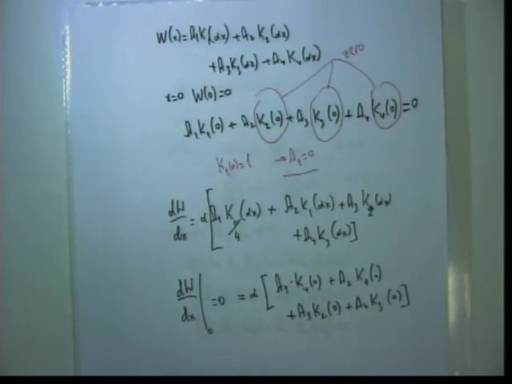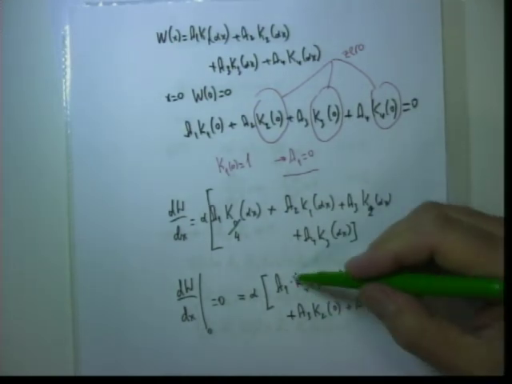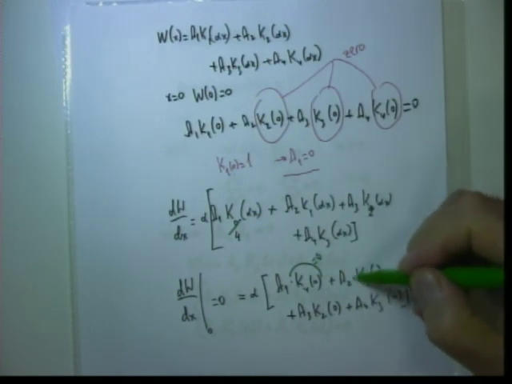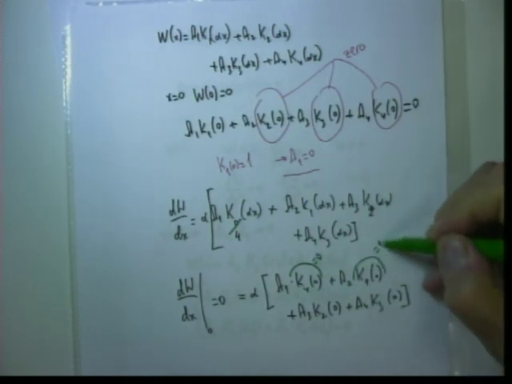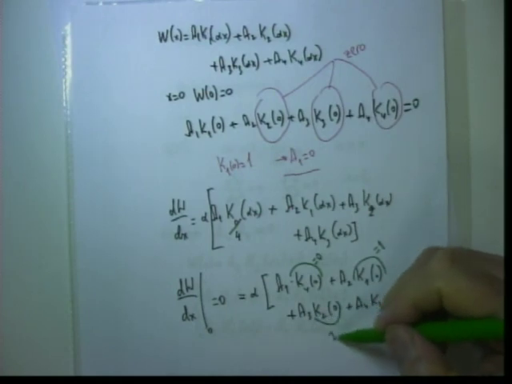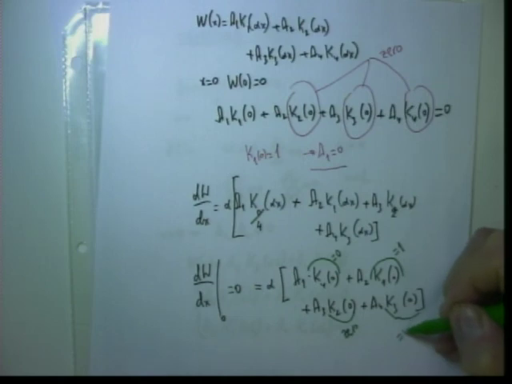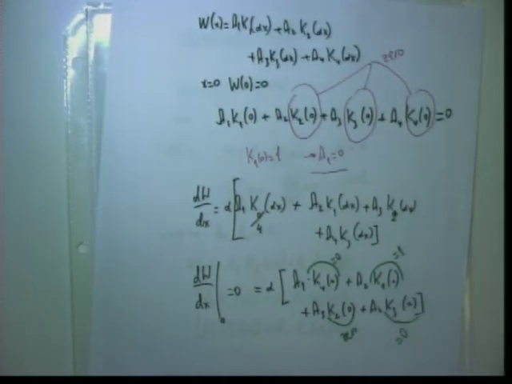Okay? But this quantity equals 0, this quantity equals 1, this quantity equals 0, and this quantity equals 0.